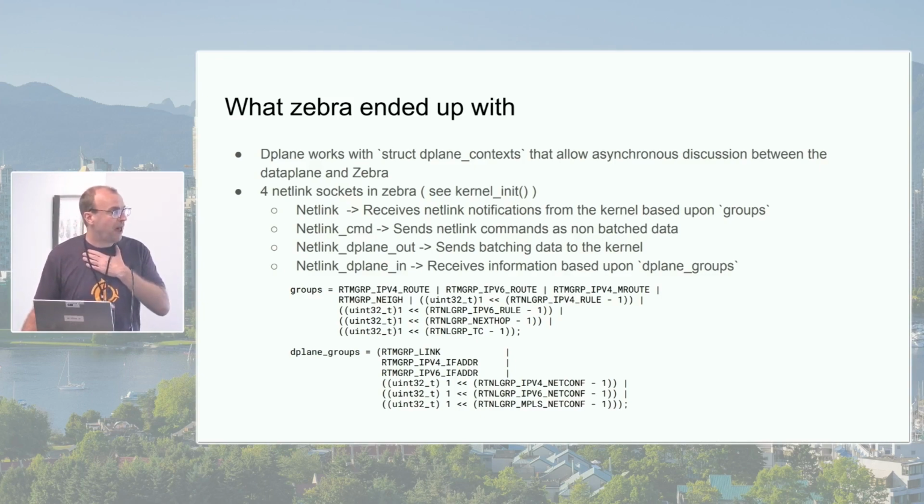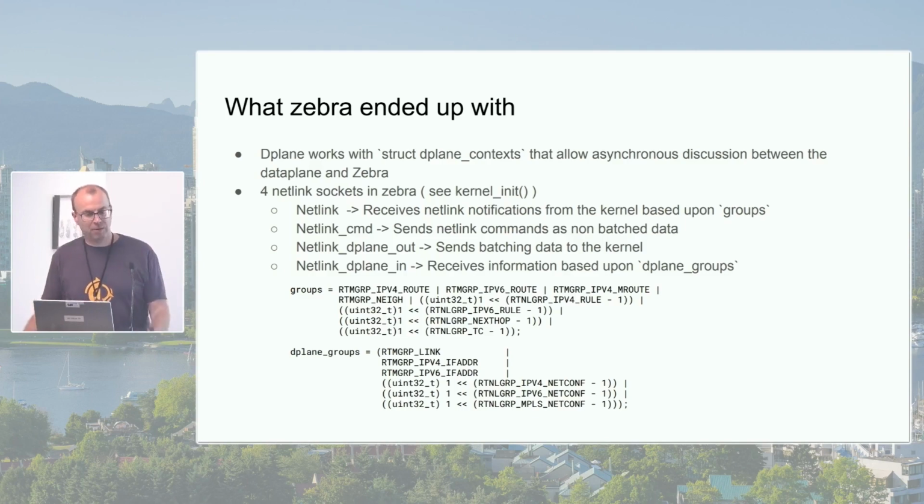What ends up happening is that the netlink socket would receive data about particular groups, and it would be scheduled for reading at some point in the future. Then the data plane in socket would receive information from other netlink groups, and it would pack that up into a context and pass it up to Zebra.